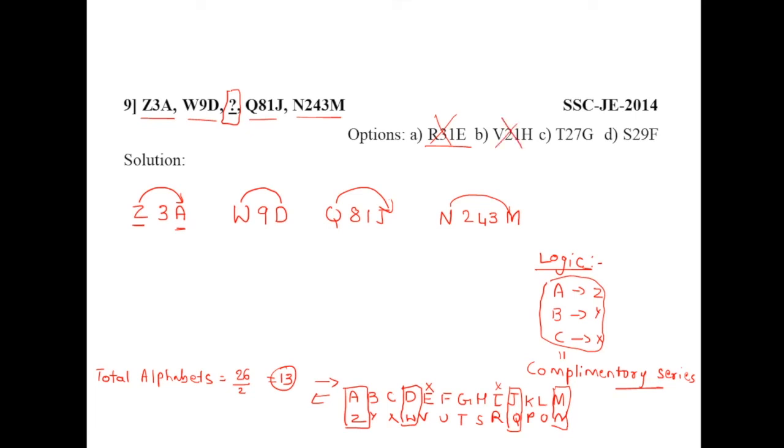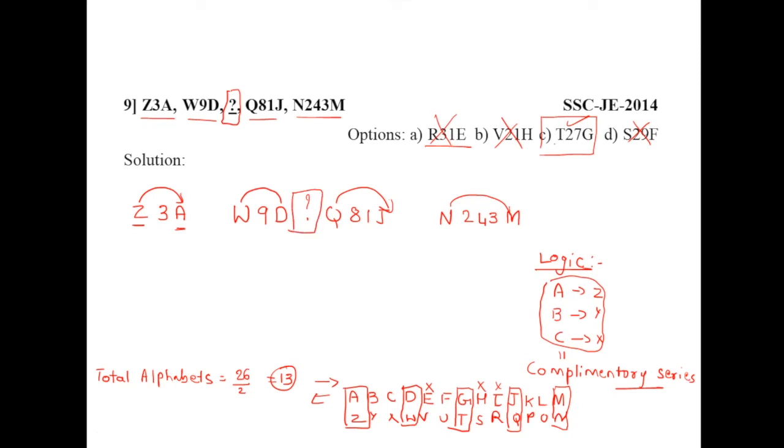Next, option C, T and G. Yes, T and G are a complementary series, so it may be the answer. Next, option D, S and F. No, S and F is also not a complementary series, so the answer here is T27G.